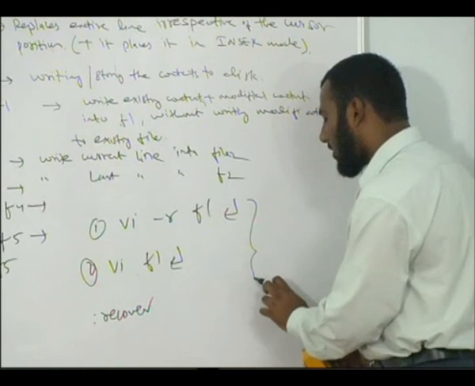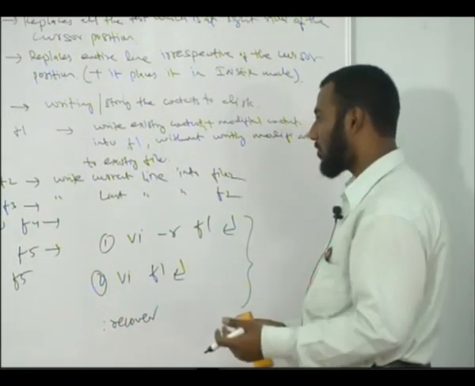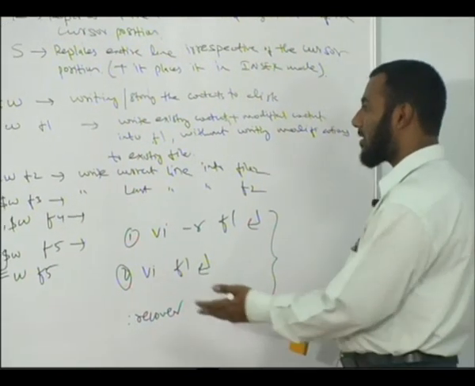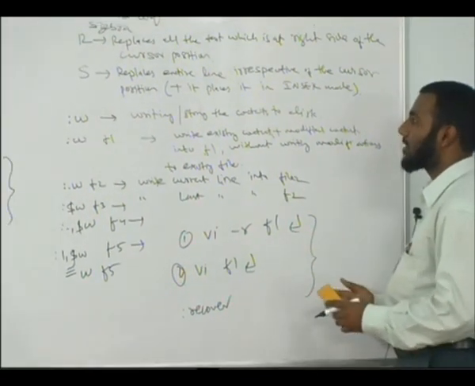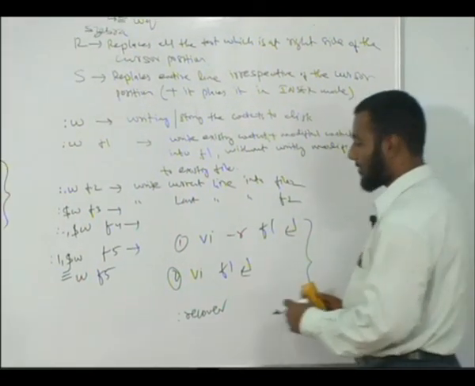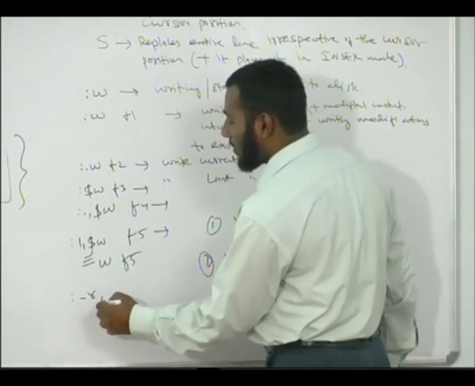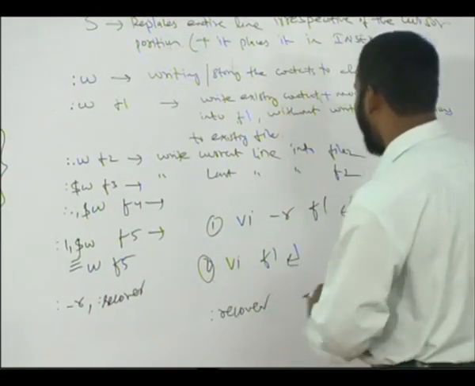If these commands are unable to recover your contents, then you have really lost the contents. There is no provision to get it back. So sometimes it's possible that the contents are really lost, and sometimes you can recover the contents. So there is one more command we have seen called option R, or colon recover.